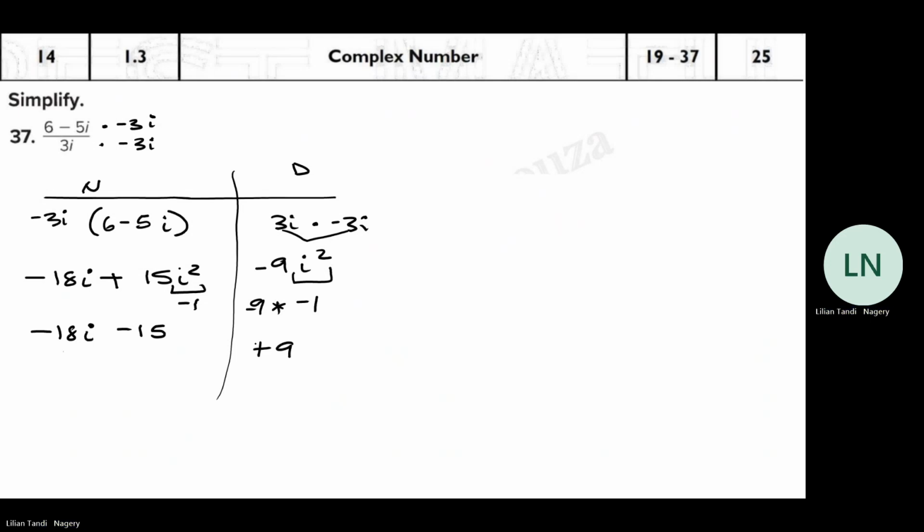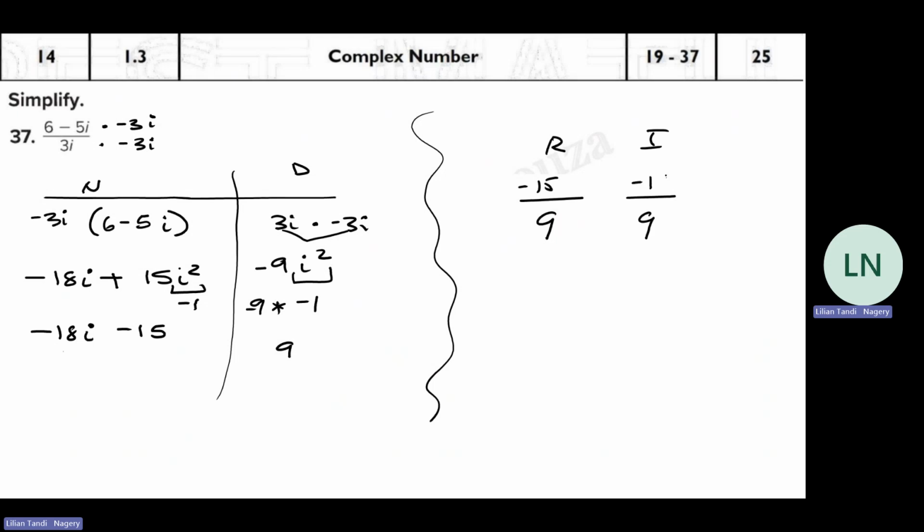Okay? So I write my fraction, my real and my imaginary. 9 down, negative 15. 9 down, negative 18i. Simplify. What is the common factor? 3. 3 goes here 5 times, and 3 goes into the denominator 3 times.